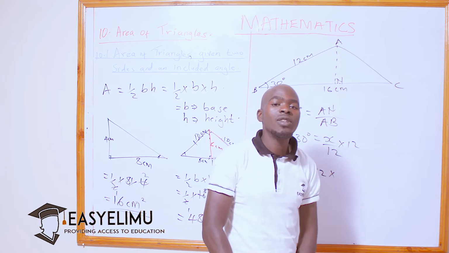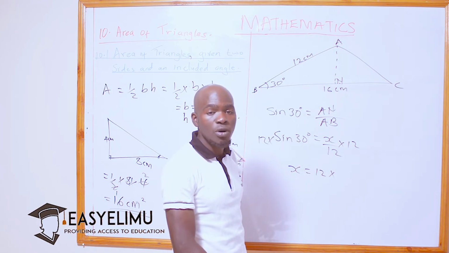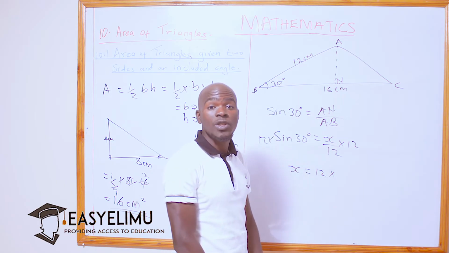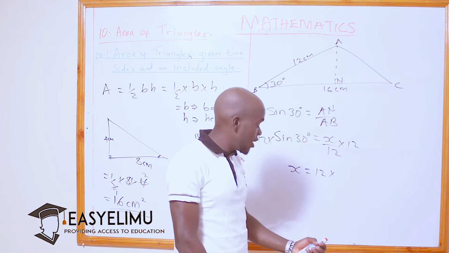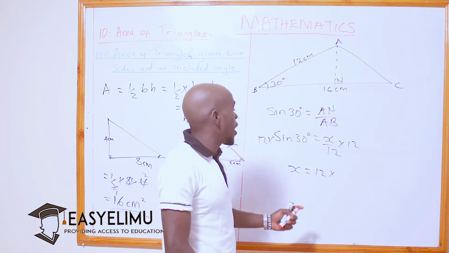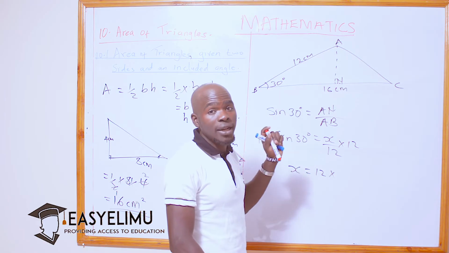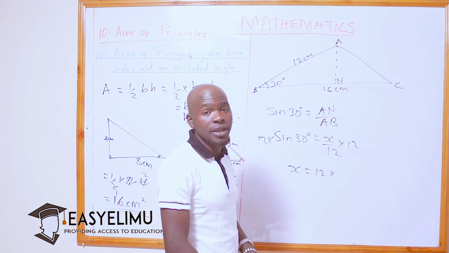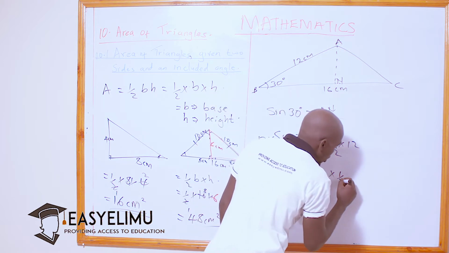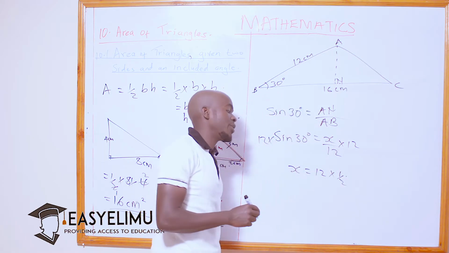You can use natural tables, or the four-figure elementary mathematical tables, or you can use an identity triangle with sides 1, 1 and root 2 under the trigonometrical ratios. So the sine of 30 is a half, or 0.5, as you prefer.